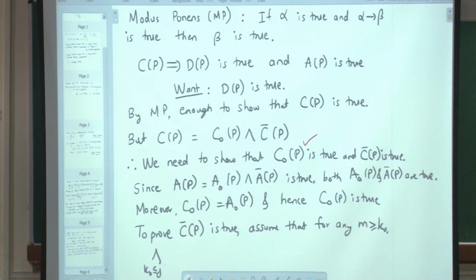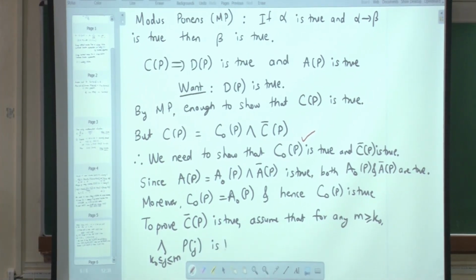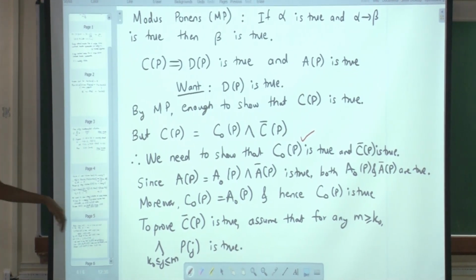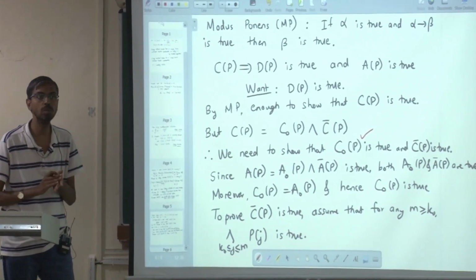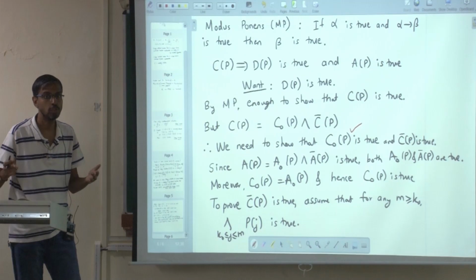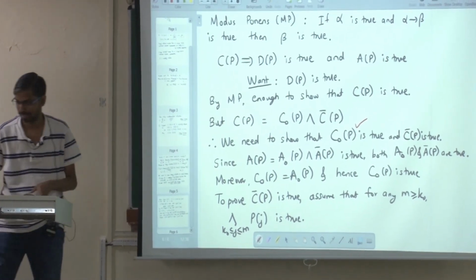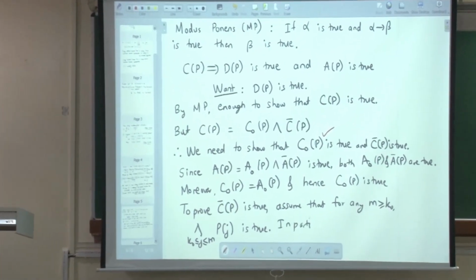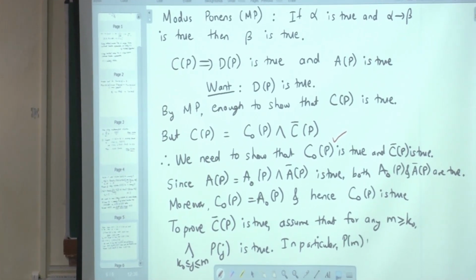K0 less equal j less equal m Pj is true. Okay, so all of these things are true. Conjunction is true means all of them are true. So in particular, Pm is true.